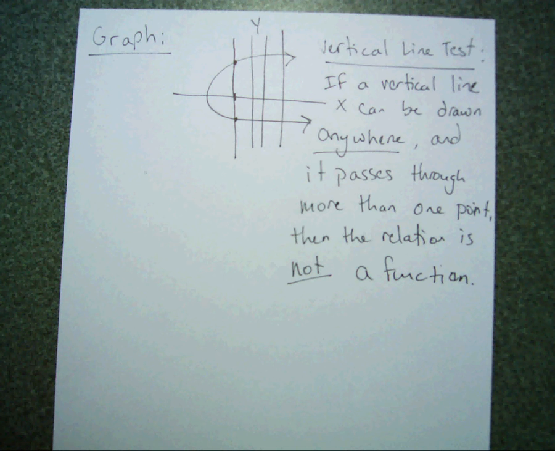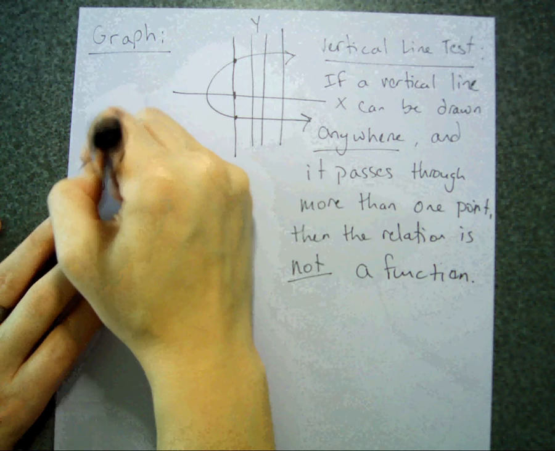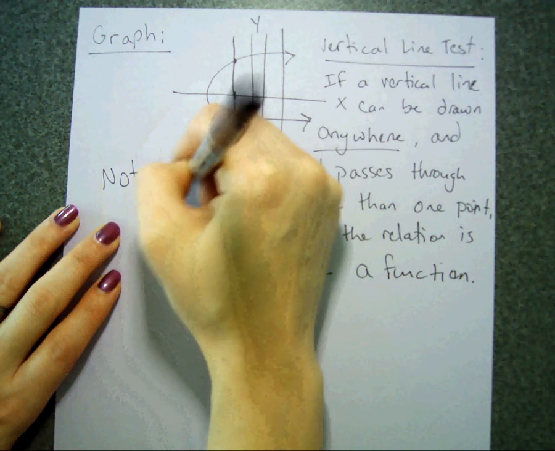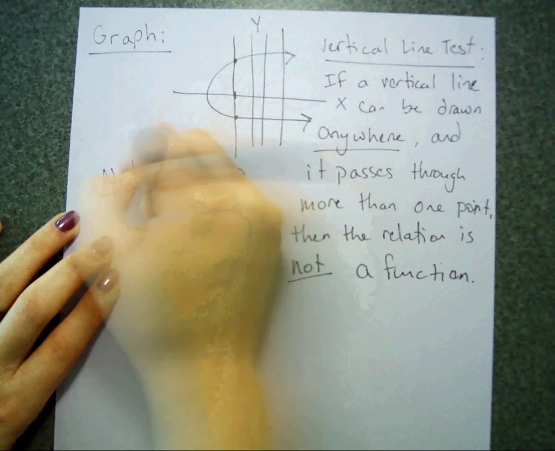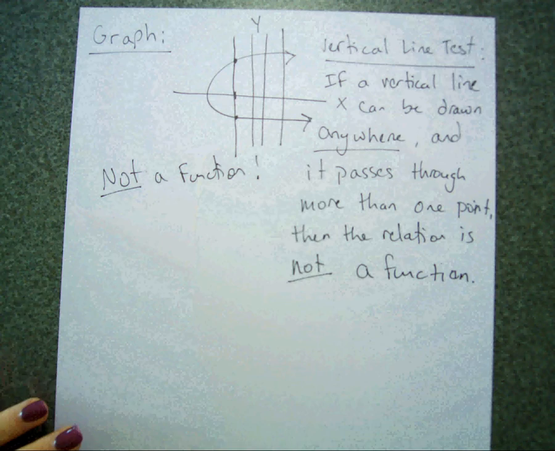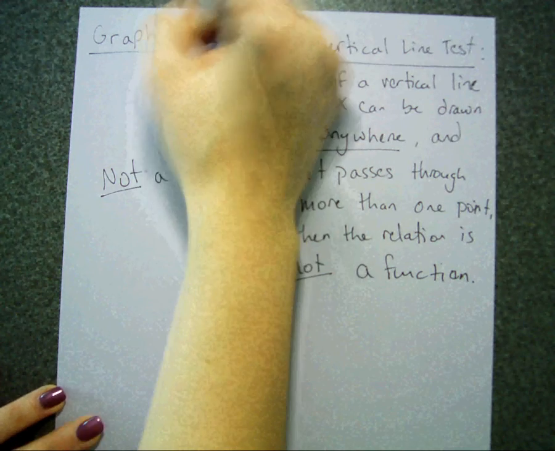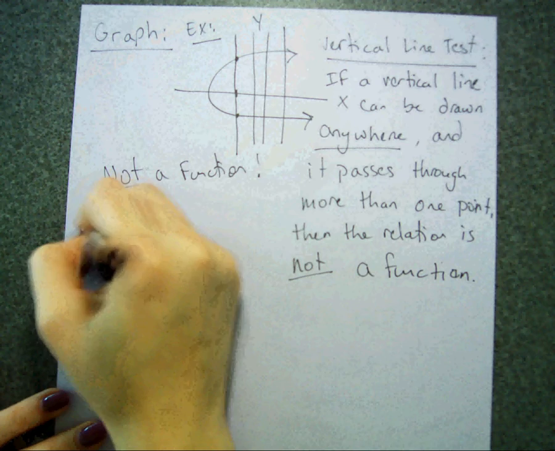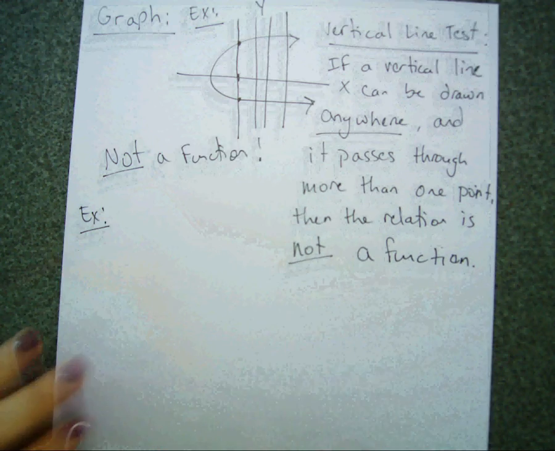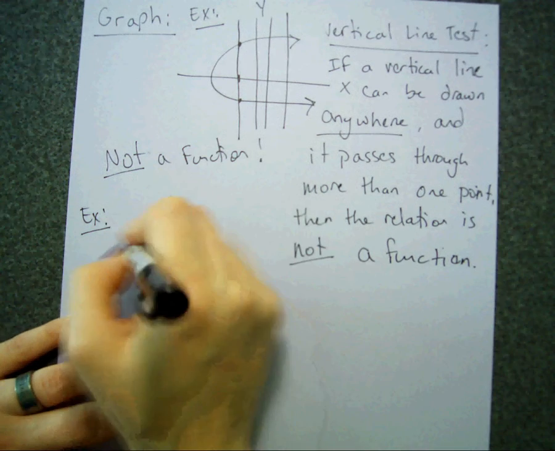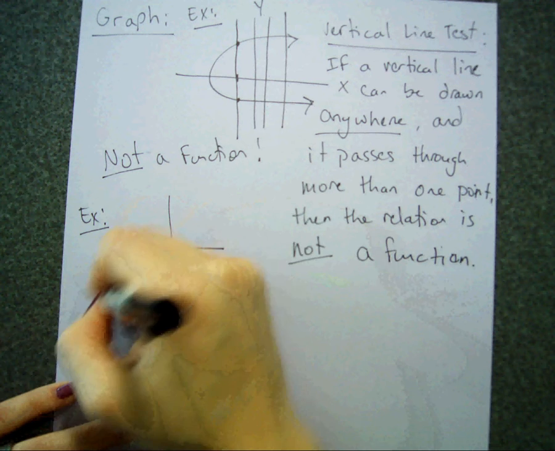So this is an example of one that is not a function. Now we're going to go back to the basics here. What type of function is this? It's linear, right? It's just a line. And it is a function, so spoiler, it's a function.